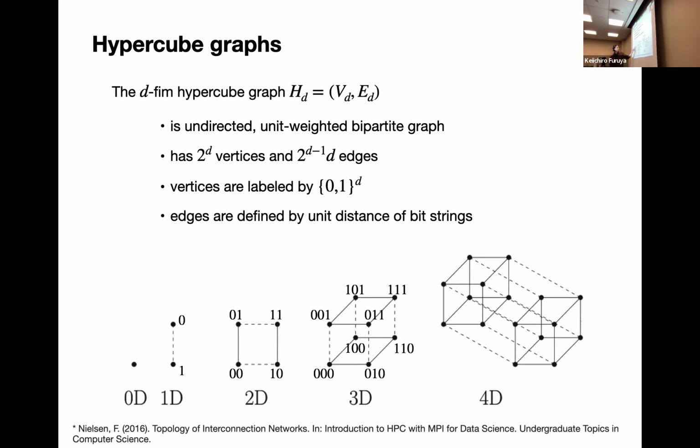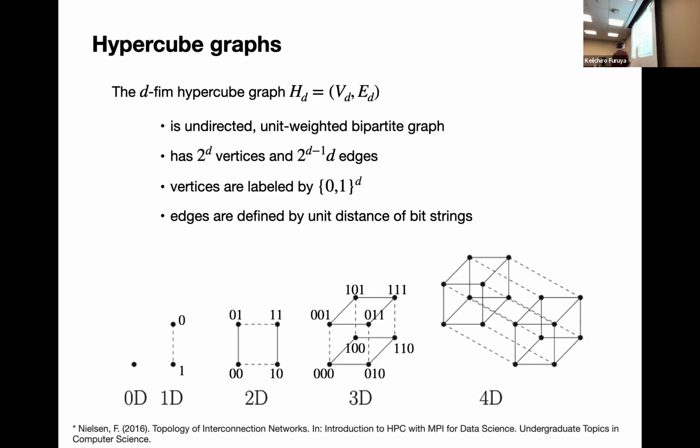For 2D you have two bits: 00, 01, 11, 10. The edge is defined by Hamming distance: if you flip one bit, that's distance 1. But you cannot connect 00 and 11 because the distance is 2. Does the dashed line versus solid mean something?